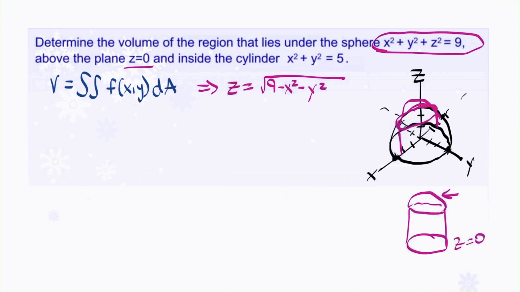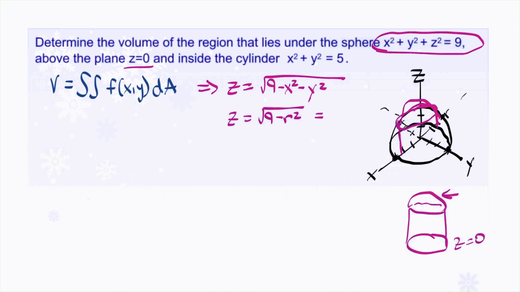So my integrand is z equals the square root of 9 minus x squared minus y squared. I think it's clear that we're going to want to go to cylindrical coordinates. So it's going to be z equals the square root of 9 minus r squared. That is our f of xy, which is now converted to polar coordinates.